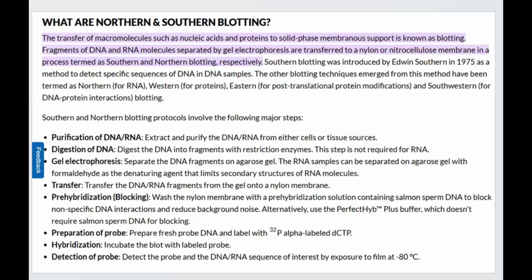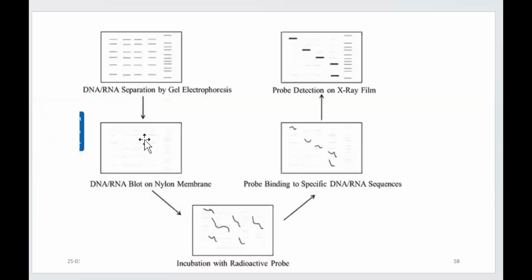So RNA, DNA and protein blotting you have learned. In blotting you are going to separate it, whether it is DNA, RNA or protein, by gel electrophoresis. Then you are going to transfer that material by blotting onto nylon membrane. Then you are going to incubate it with a radioactive probe, for example. Then you allow the binding of the probe to the specific DNA or RNA sequences, and then it is taken for analysis.